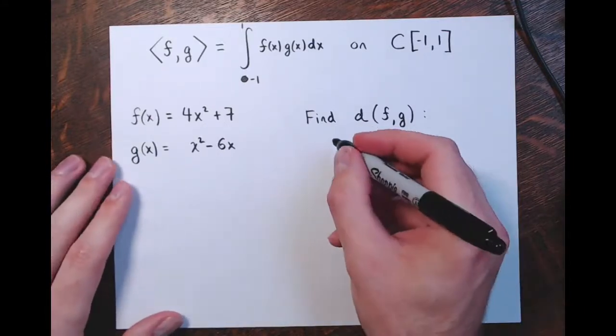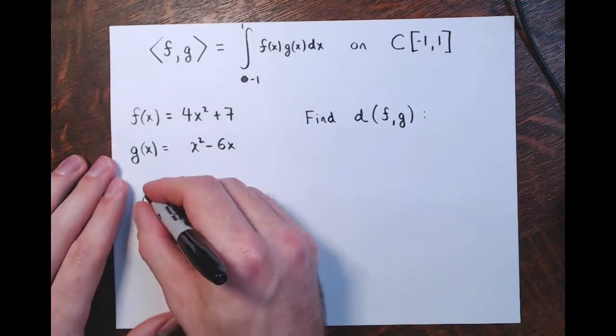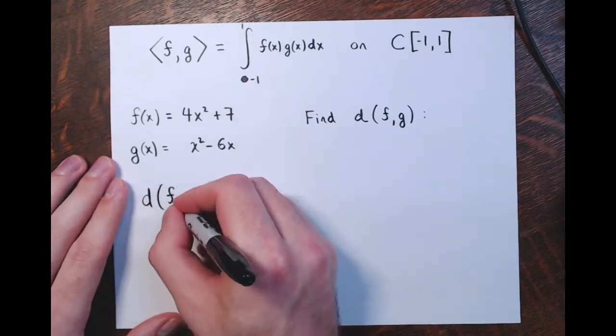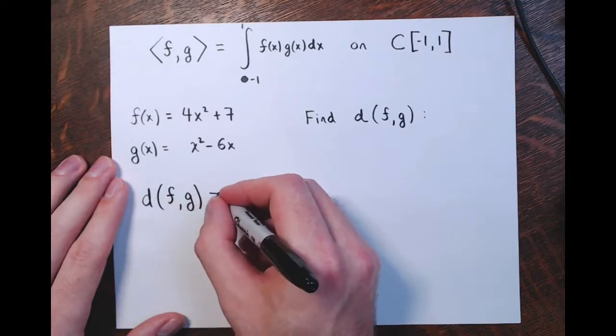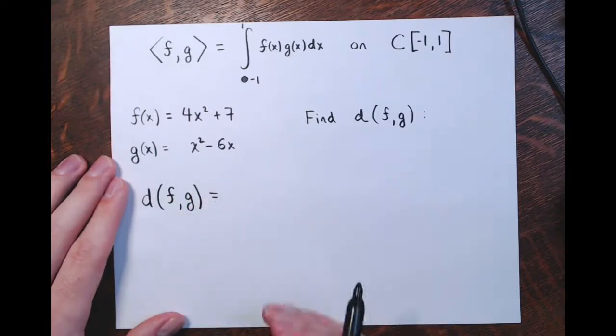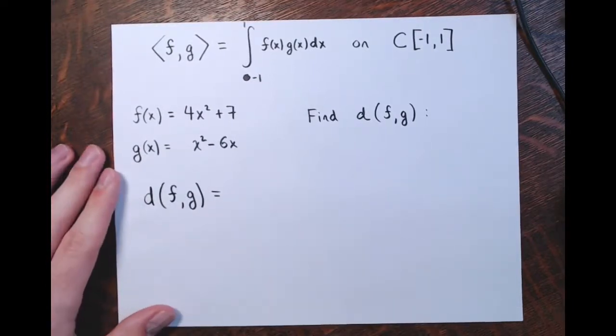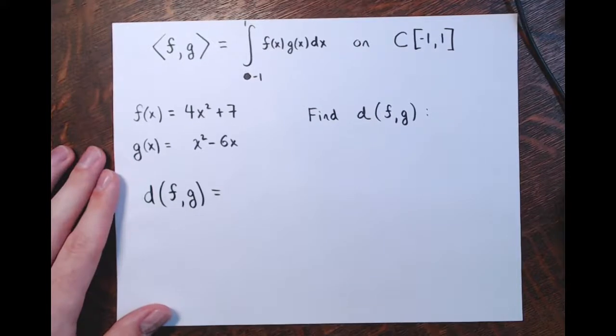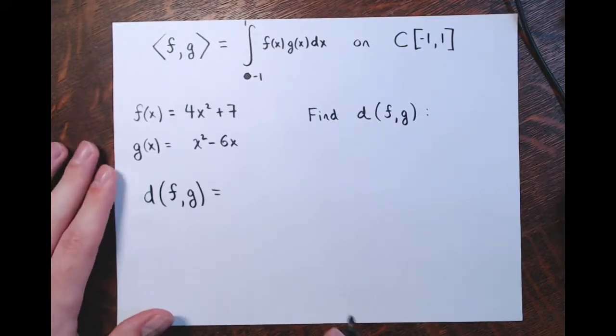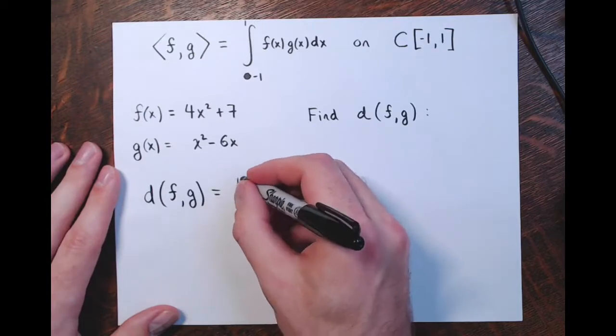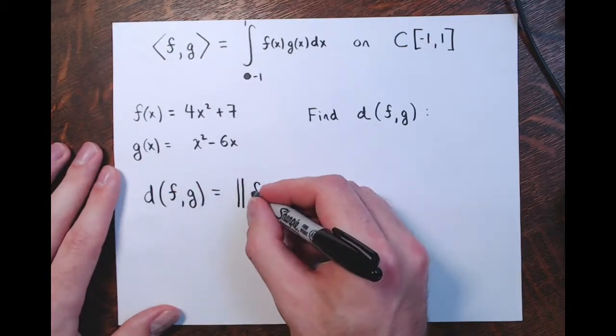All right, so remember this distance. The distance between functions f and g here is defined this way, unless they define it in some other way, but they're not going to here. There are some other versions of distance that will also satisfy the properties of a distance function, but for right now, we're just thinking about it as this norm. It's the norm of f minus g, or g minus f.